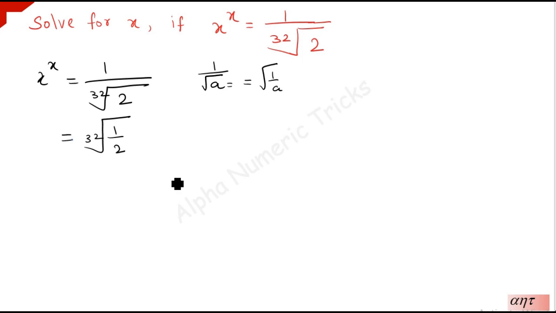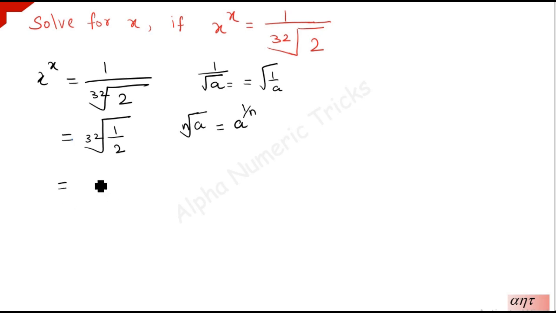After that, we have to write this 32nd root in a different way. For that, the nth root of a can be written as a to the power 1 over n, isn't it? So we are using this idea here.